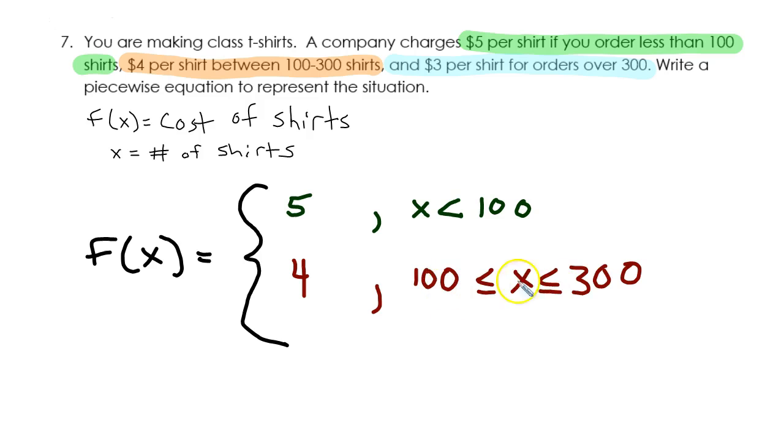That's our mathematical way to say that x is between 100 and 300 and is included in both. And the shirt price changes again to $3 for all orders of over 300 shirts. So where x is greater than 300. This is a way that we represent this piecewise function.